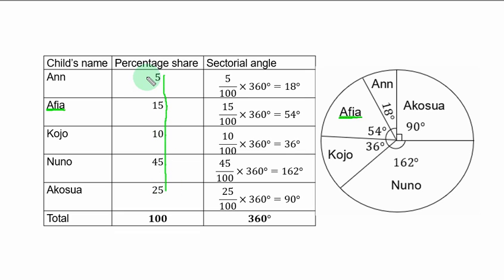So you divide each percentage share by the total percentage and multiply it by the total angles in a circle, and that is 360 degrees. If you do that, the angles become 18 degrees, 54 degrees, 36 degrees, 162 degrees, and 90 degrees.